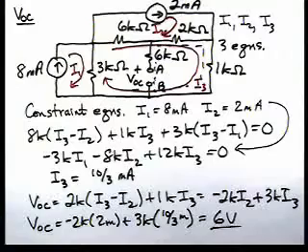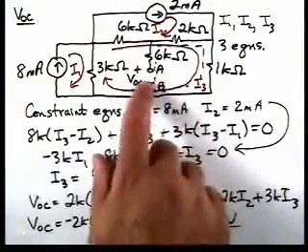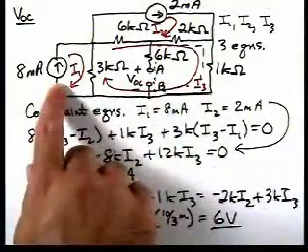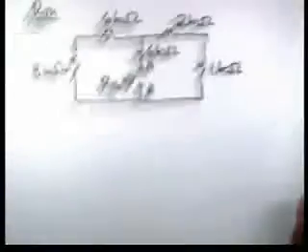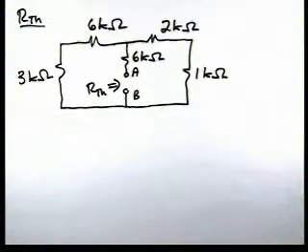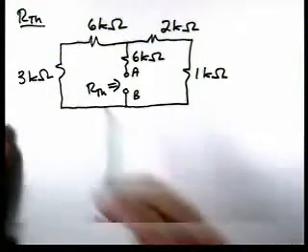Now if we take this same circuit and set the sources to 0 to find our Thevenin resistance, we turn this to 0, replacing it by an open, and turn this to 0, replacing it by an open. The corresponding circuit for calculating R Thevenin is shown here. And so now we just need to go through and do resistance combinations.